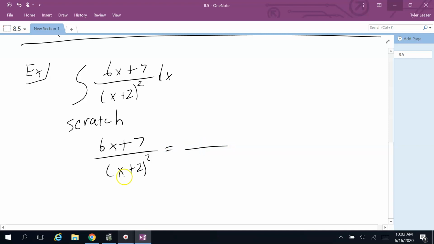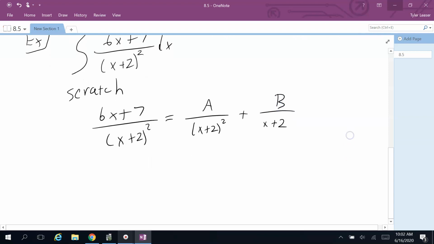Because we have a linear term that is squared, we're going to have a fraction with that squared term with just a constant up top, and a fraction with that linear term to the 1 with a constant up top. All right, we need to figure out the A and the B. So the technique for doing that is we're going to multiply everything by the common denominator. The common denominator is this (x plus 2) all squared. When I multiply it on the left-hand side, it cancels out, and we just get that numerator.